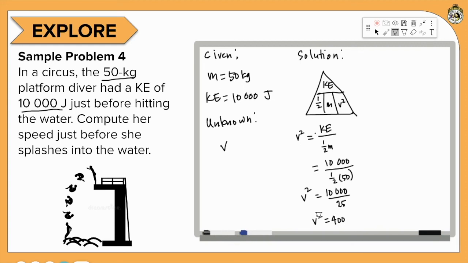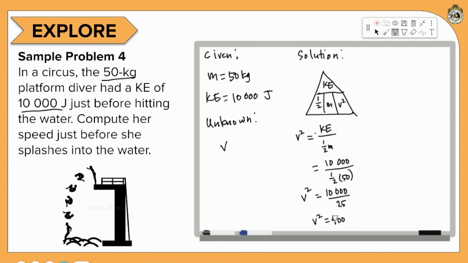But we're not looking for just v squared. We're looking for v. So if you recall our previous lesson on solving word problems on circular motion, on centripetal force, whenever you're using the formula for centripetal force and you're looking for velocity, and the formula also states v squared, you have to do something to v squared at the end so that you will get the value for just v.